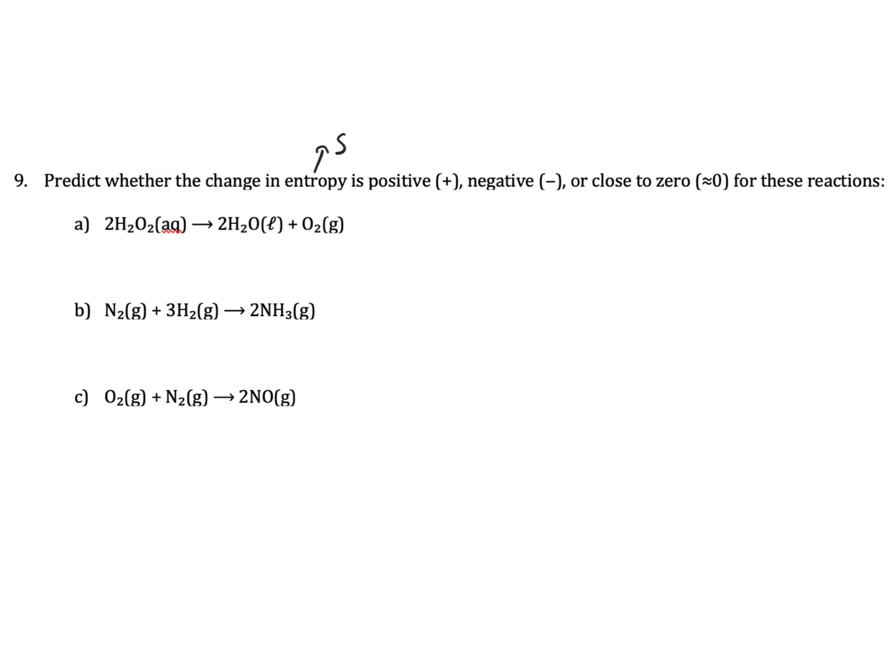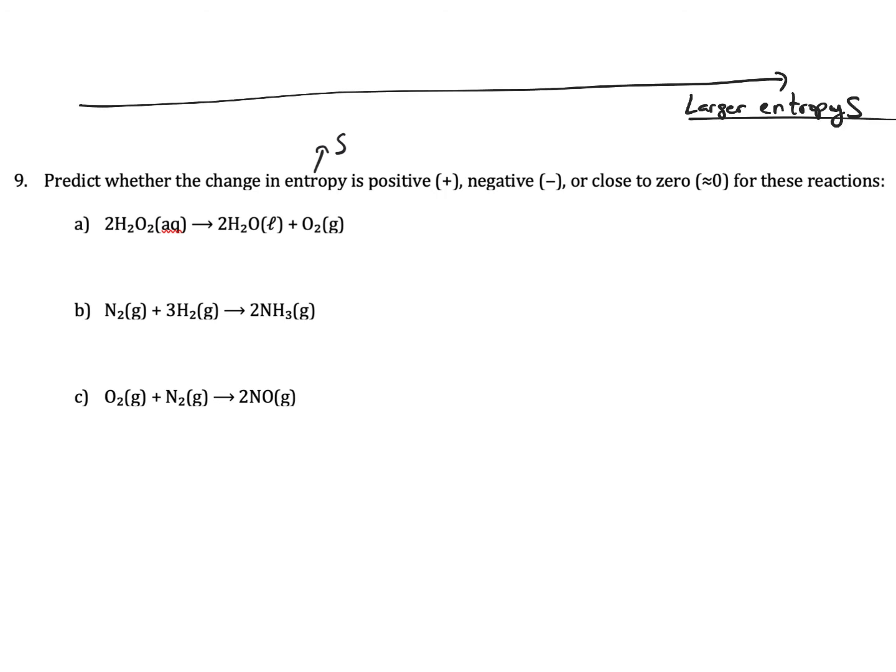And so the key fact for chemistry here is that gases have much greater entropy than solids or liquids. The solids have the lowest entropy, liquids have somewhat more, but much greater than all of them are gases. Since gases' entropy is so much bigger than solids and liquids, to see whether a reaction is going to have a positive or negative change in entropy, we can just look at the change in the moles of gases.